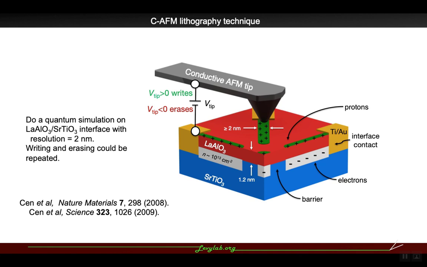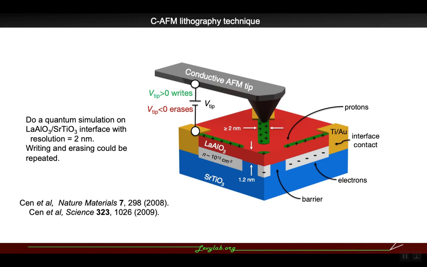In our group, we usually use an atomic force microscope to do research, and in this part we will do a quantum simulation on this interface with this AFM lithography technique. When we apply a positive voltage to this tip, we can write wires and other conducting parts to form the device we want.